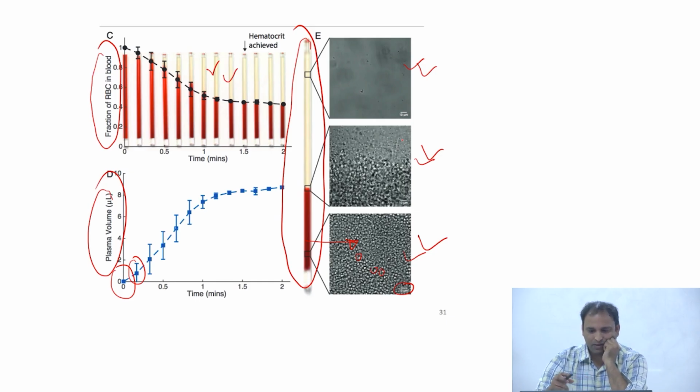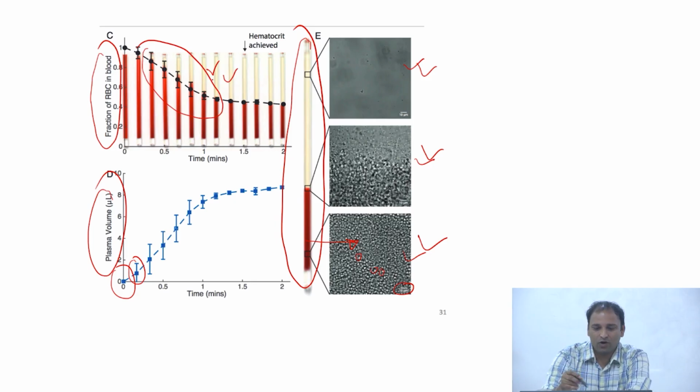See what they have done. You see these large error bars, right? These are done over several measurements. There could be some fluctuations because of the condition of the person whose blood has been drawn, and there could be other fluctuations.